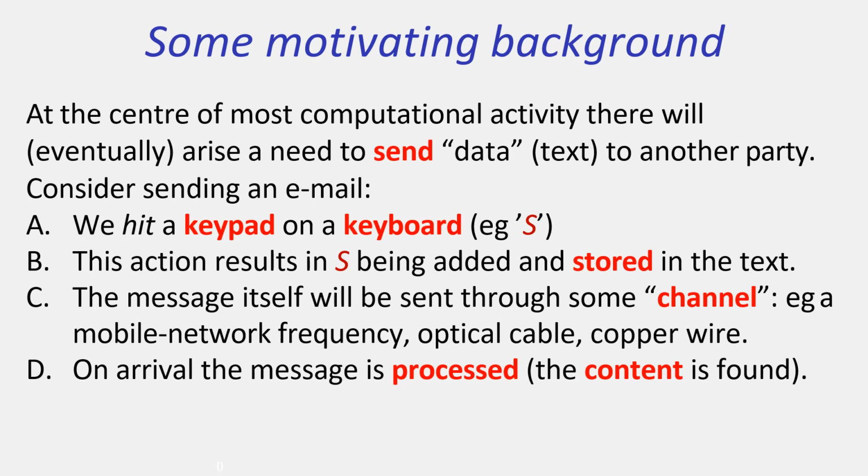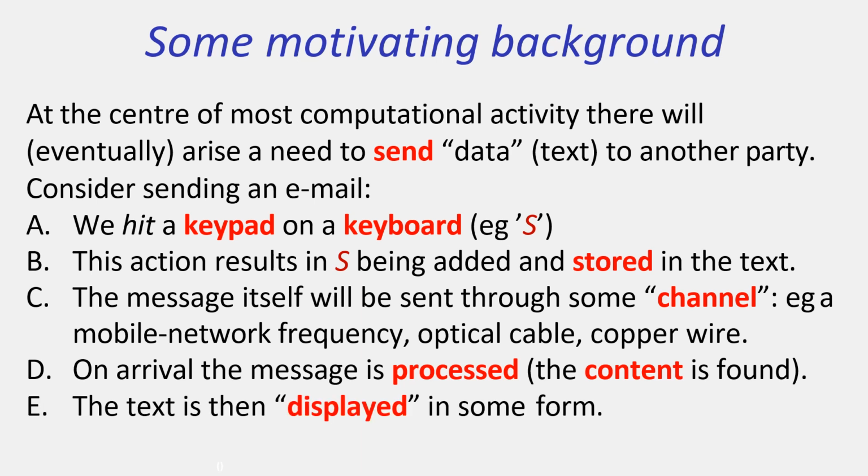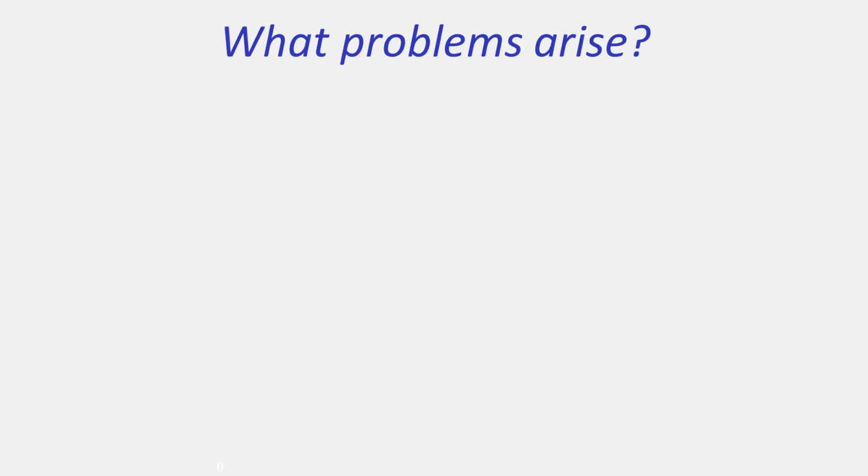When the message arrives, it's processed, the content is discovered, and in the final activity, the content of the message will be displayed in some form on a phone screen, on a display unit, possibly even something like a typewriter.